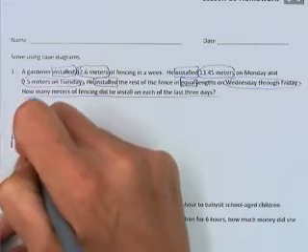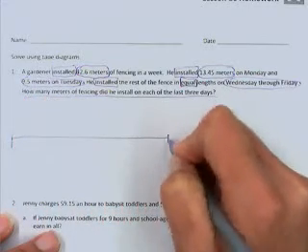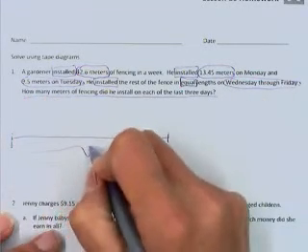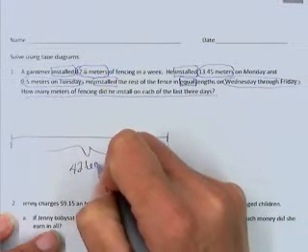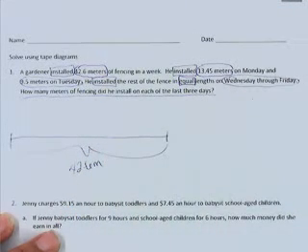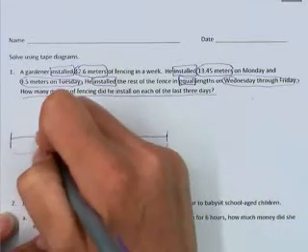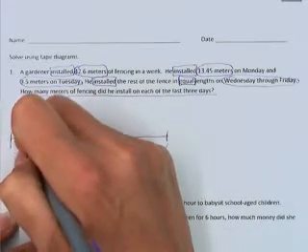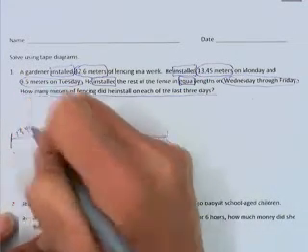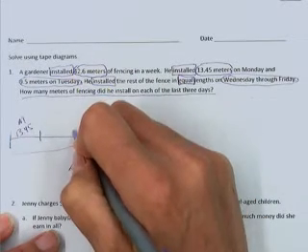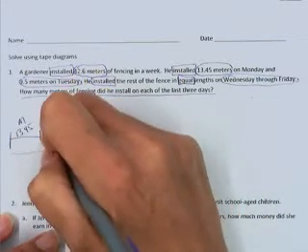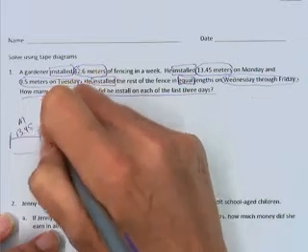Here, if this is the fence, the whole thing is 42 6/10 meters. The whole thing. We know that if this is Monday, it's 13 45 hundredths on Monday. And then we come to Tuesday, and it's only 9.5 on Tuesday.